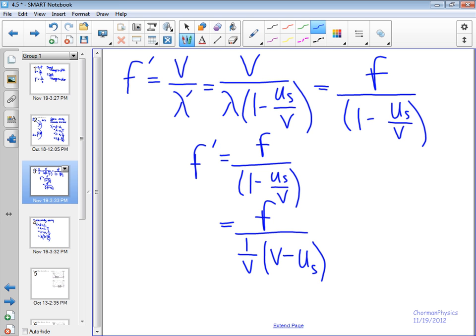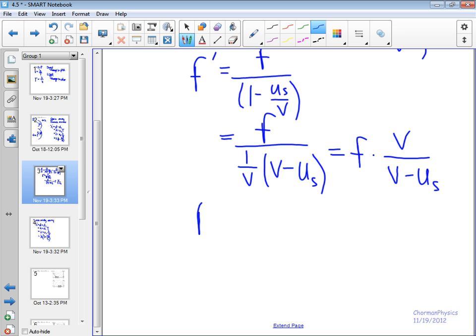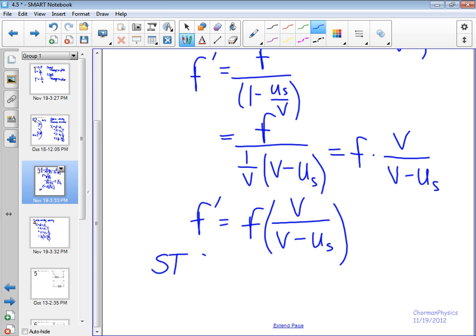So saying 1 is v over v gives us that common 1 over v term between both of those, all right? And so what this is going to leave us with is f times v all over v minus u sub s, okay? And so this is our equation for the shifted frequency of a source, okay?